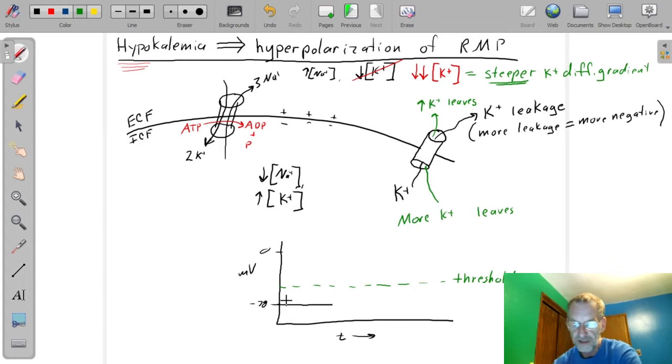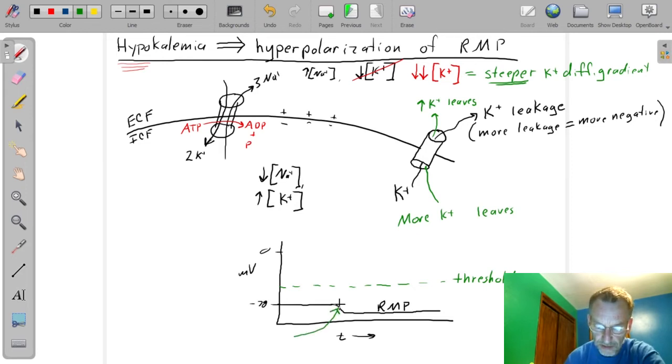So as more potassium leaves, that makes the cell more negative inside, and the cell membrane hyperpolarizes. Maybe we go down to a new RMP. So this was due to hypokalemia.